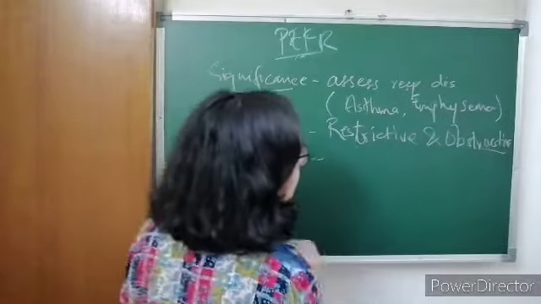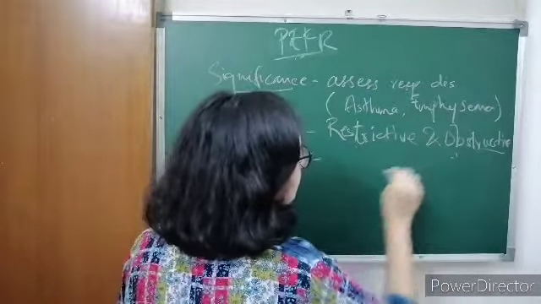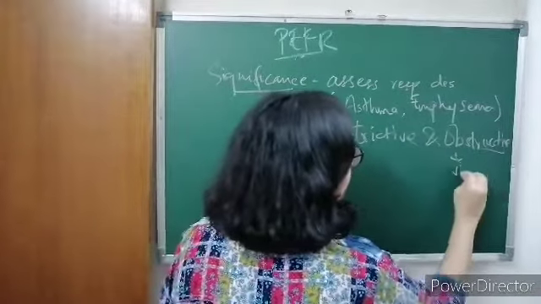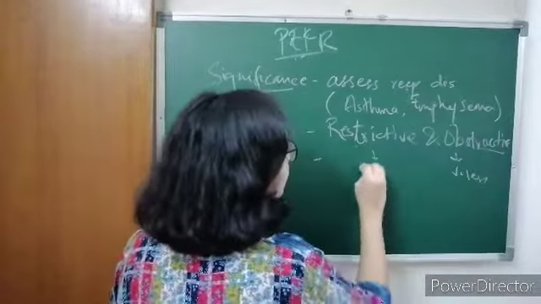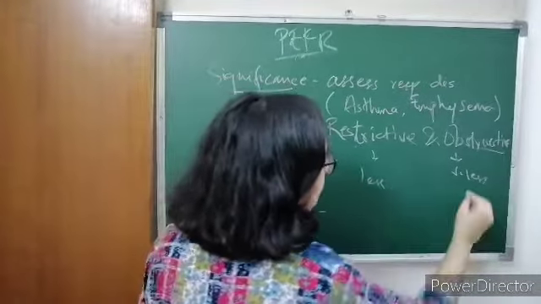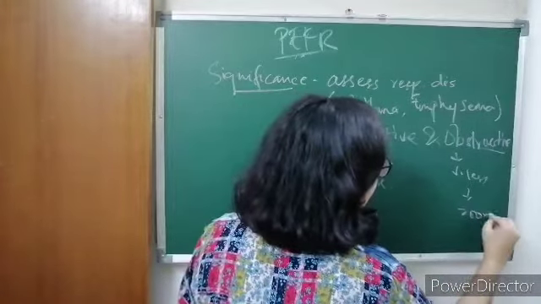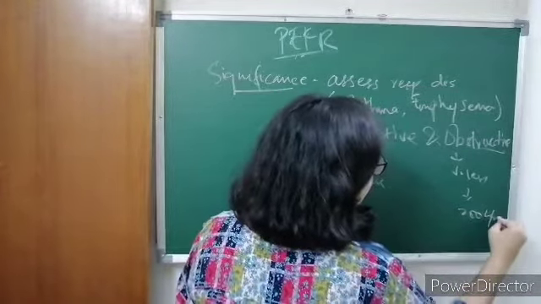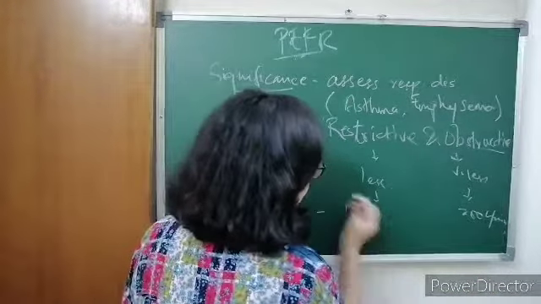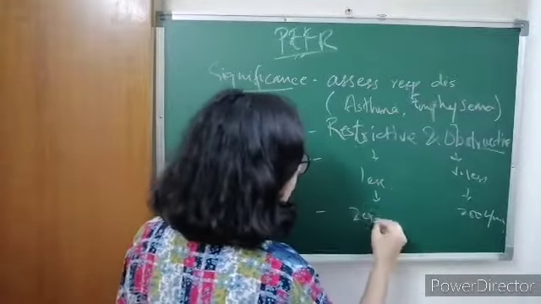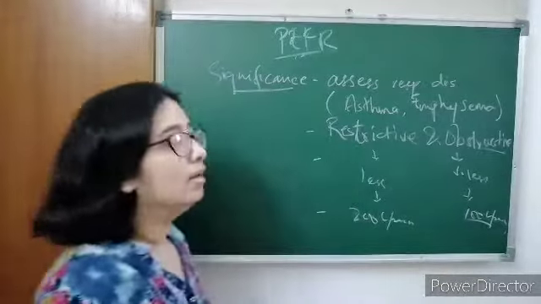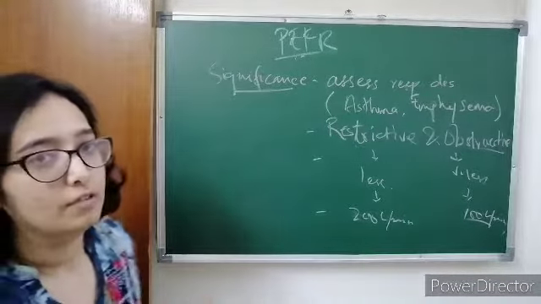In obstructive disease, the PEFR is very less compared to restrictive disease. How much less? Sorry, in restrictive it is 200 liters per minute, while it can be as less as 100 liters per minute in obstructive diseases.